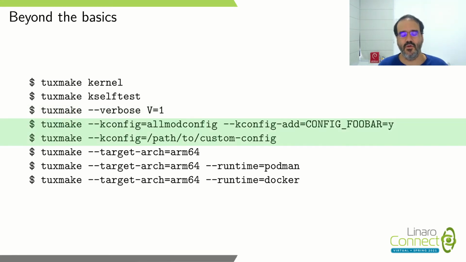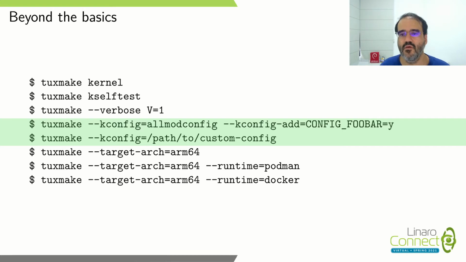By default, TuxMake will do a defconfig build, but you can change that using the --kconfig and the --kconfig-add options. So --kconfig allows you to define which is the main configuration you are building. So you can do allmodconfig, for instance. And --kconfig-add lets you add config fragments on top of that configuration.